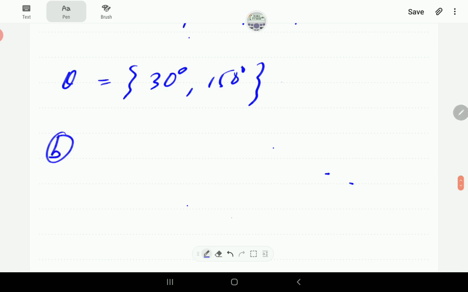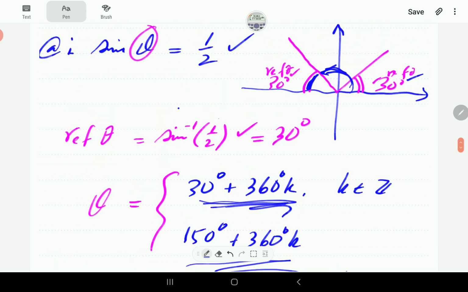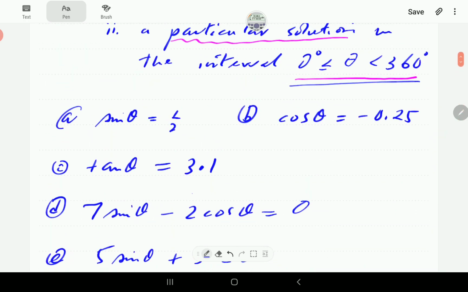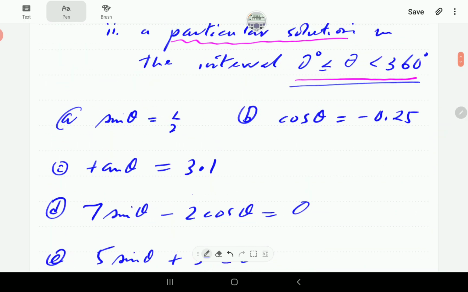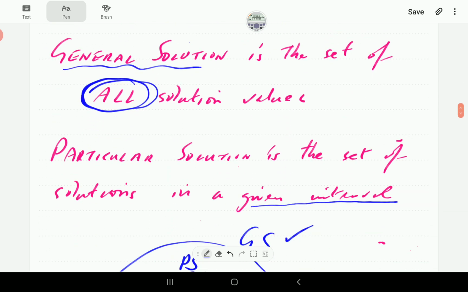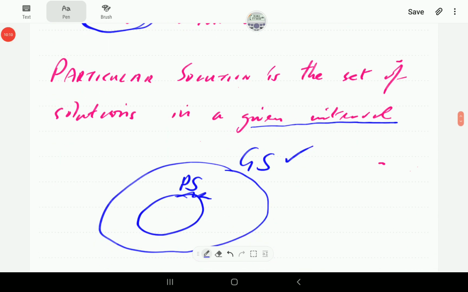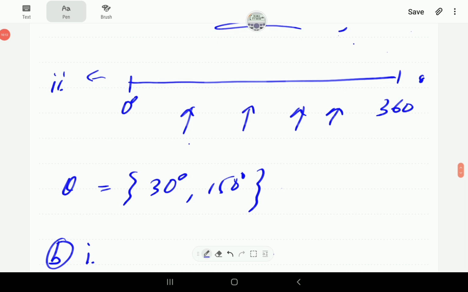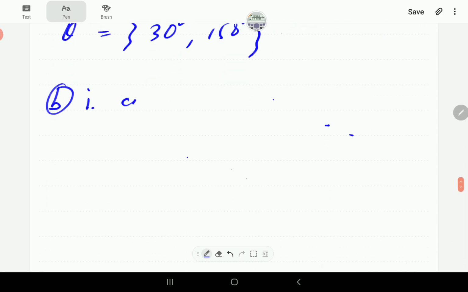In example number B, we're going to start with part 1. We have cosine theta is negative 0.25. So this time we're going to ask ourselves, in which quadrant or quadrants is cosine negative?